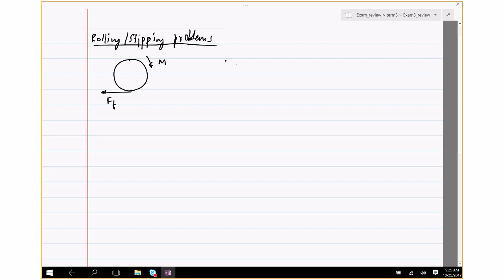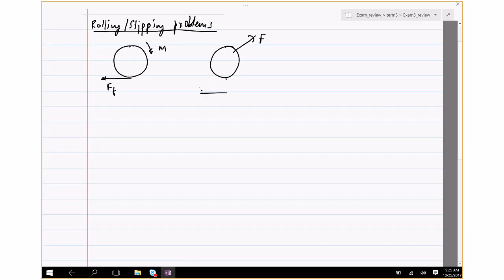Another is a ring or a disk subject to a force, which can be horizontal, vertical, or at an angle. Assume the friction force to be this way. And the third is a ring or a disk rolling down an inclined plane, in which case you also assume the friction force is this way. Those are the typical three problems that you will see in a rolling sliding problem.